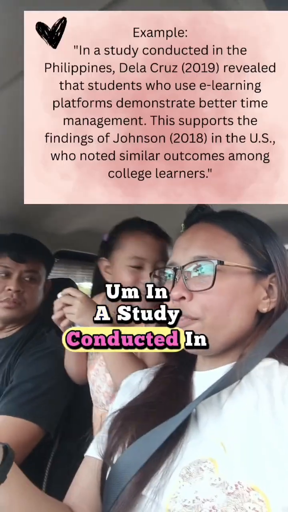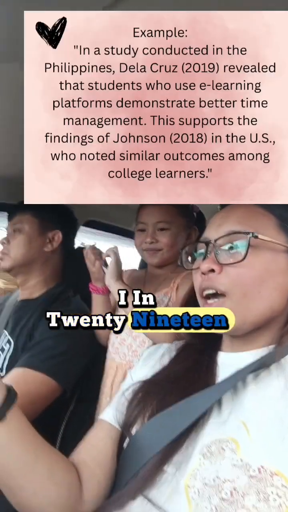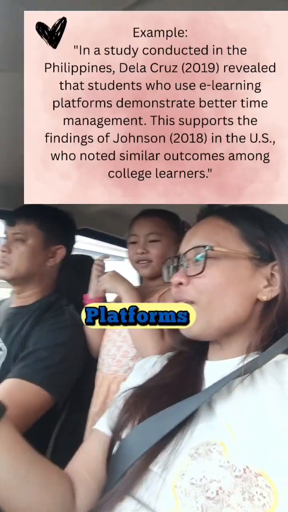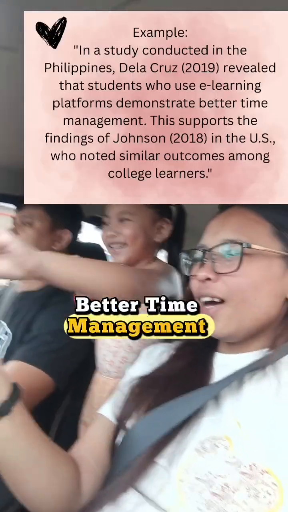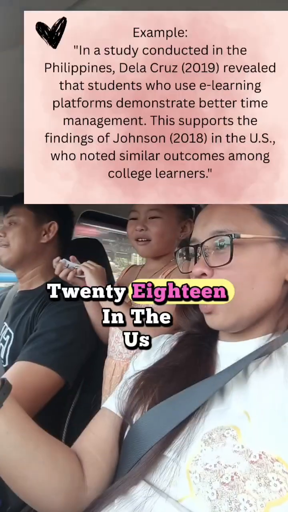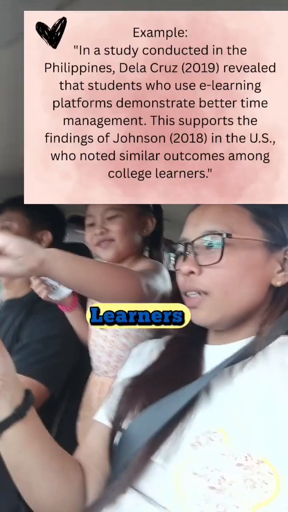In a study conducted in the Philippines, De La Cruz in 2019 revealed that students who use learning platforms demonstrate better time management. So this supports the findings of Johnson 2018 in the US, who noted similar outcomes among college learners.